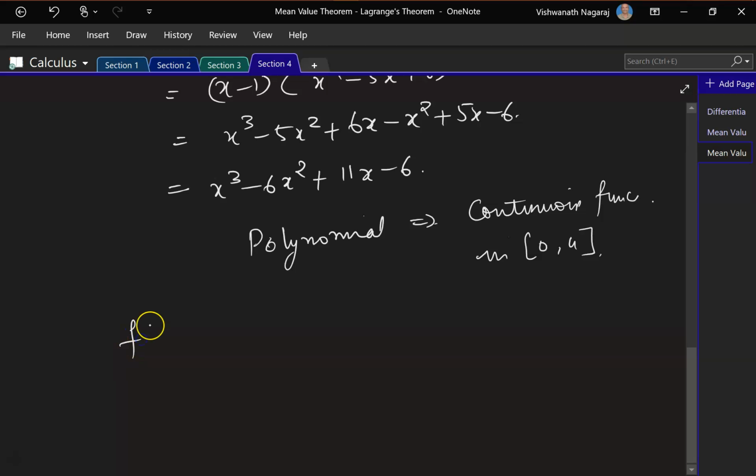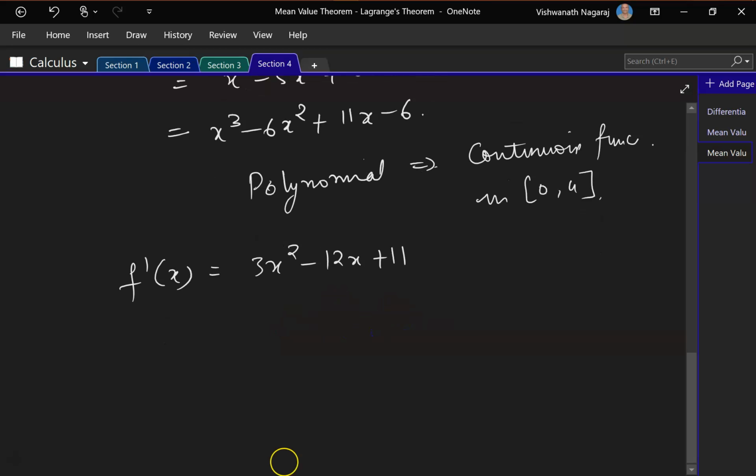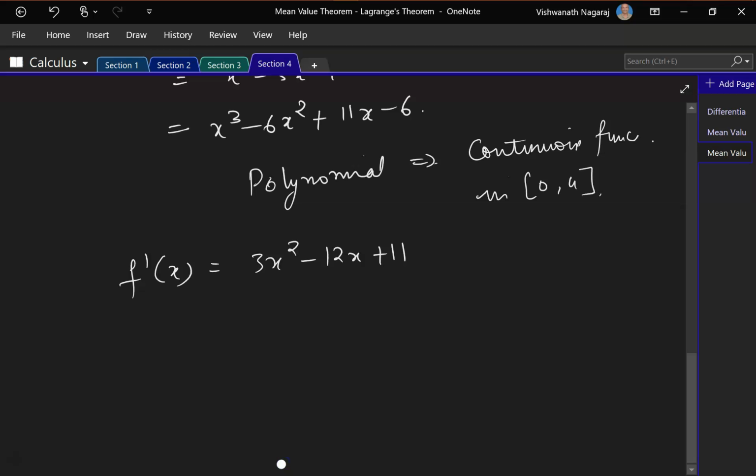Now f prime of x would be what? 3x square minus 12x plus 11. So it is differentiable, it is continuous.